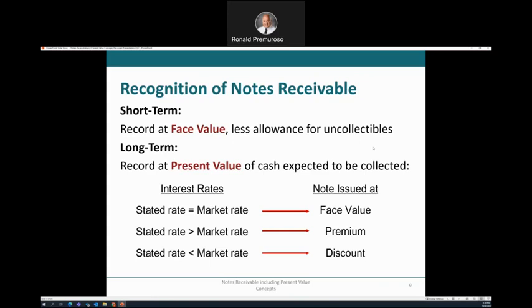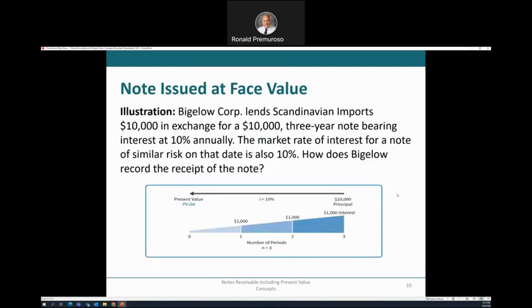If the stated interest rate on the note is greater than the prevailing market rate on the date the note agreement is signed, those notes are issued at what we call a premium. Finally, if the stated interest rate in the note agreement is less than the prevailing market rate on the date the note agreement is signed, these notes are deemed to be issued at a discount, and we'll be covering examples of these coming up.